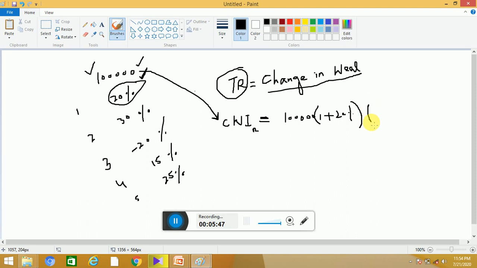Then 1 plus total return 2, 1 plus 30%. Then 1 minus 20%, because there is a loss.